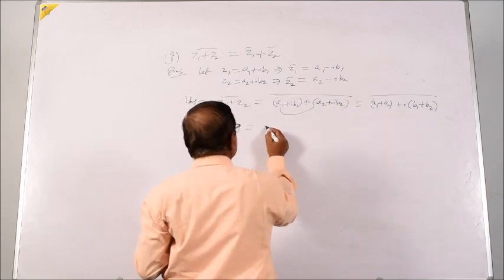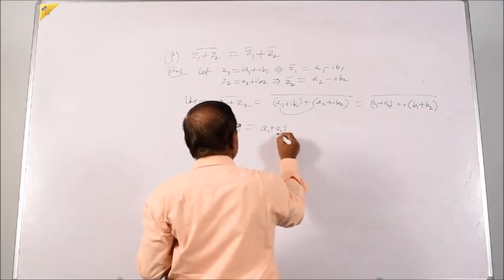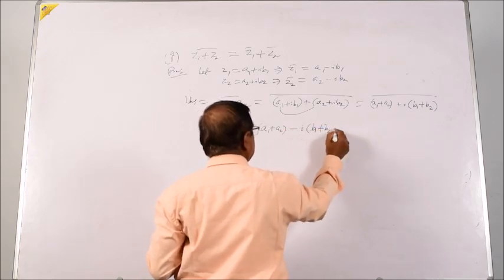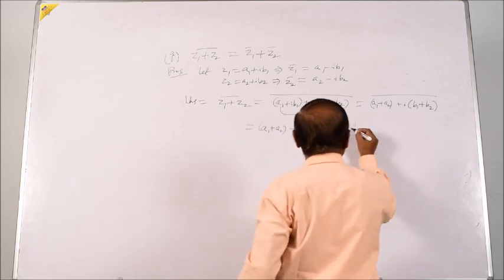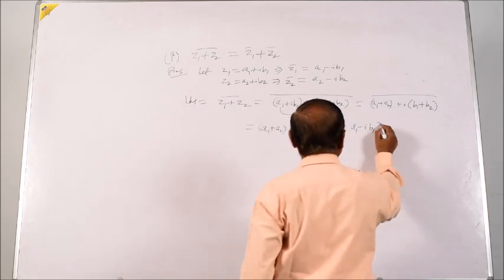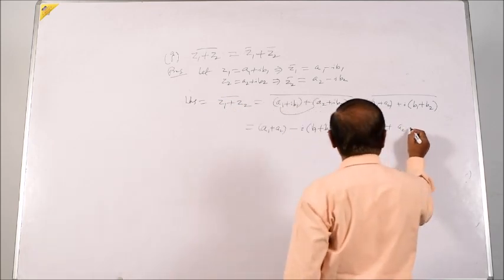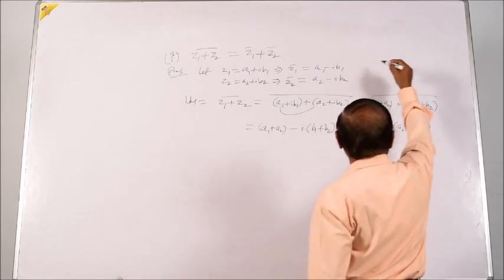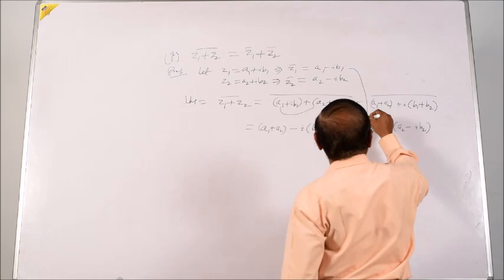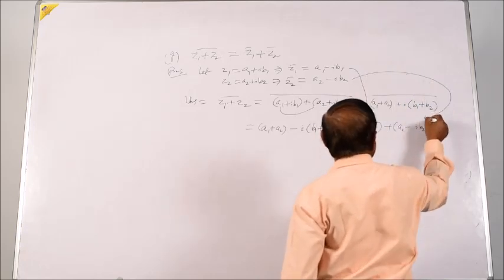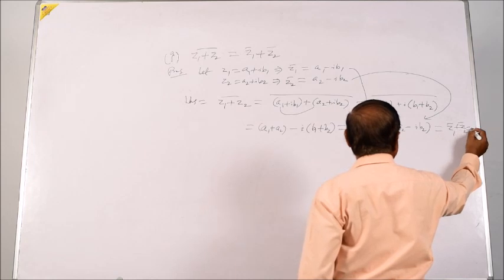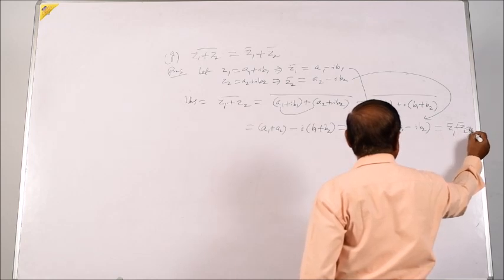So that becomes a1 plus a2 minus i times b1 plus b2. Then a1 minus i b1 plus a2 minus i b2. You see here, these are nothing but z1 bar plus z2 bar, that is RHS. Proved.